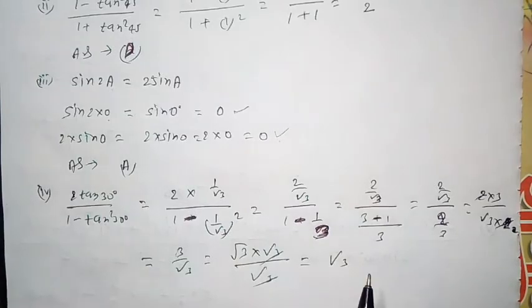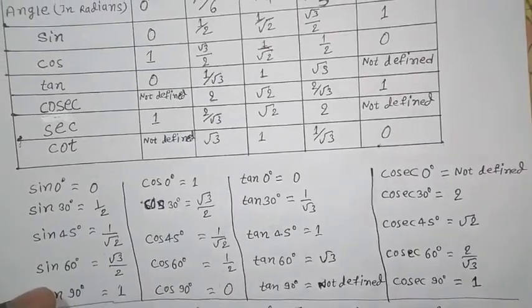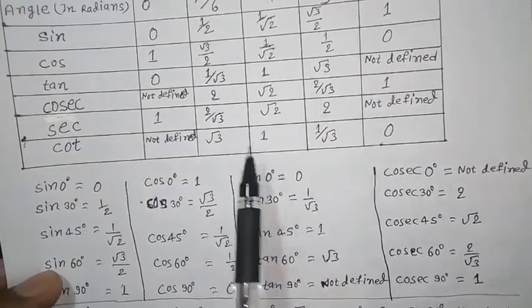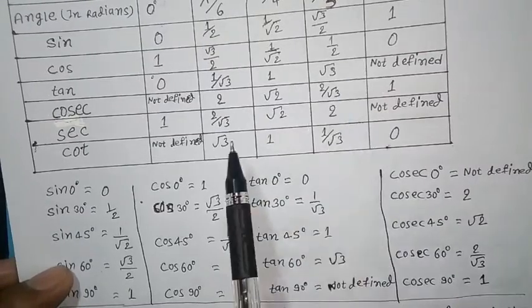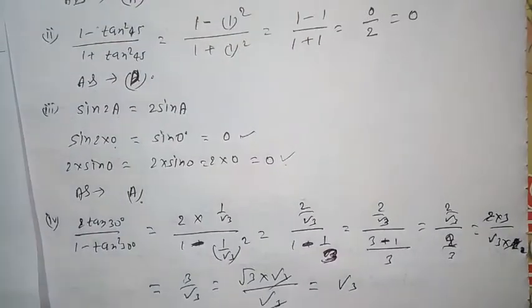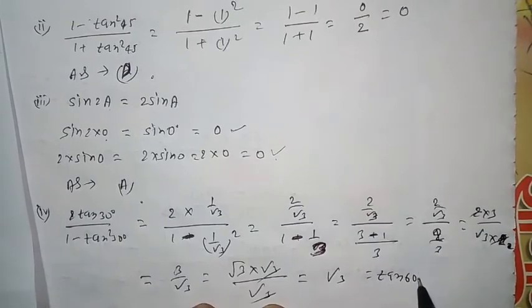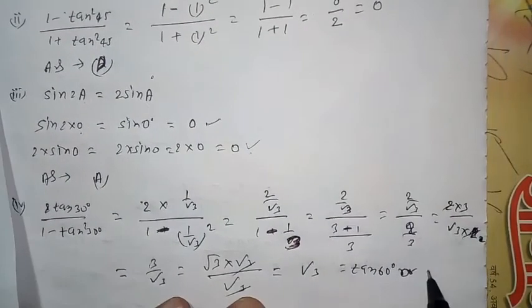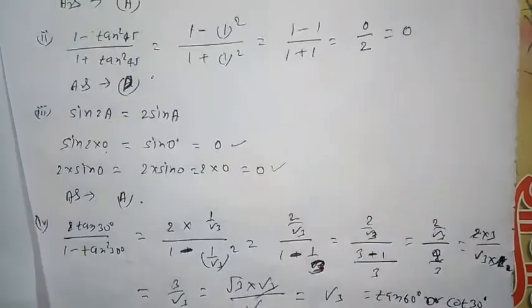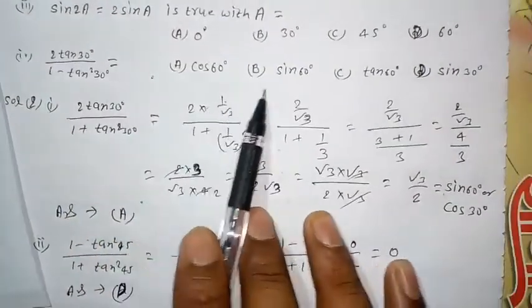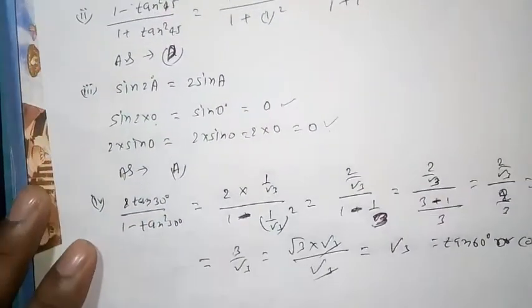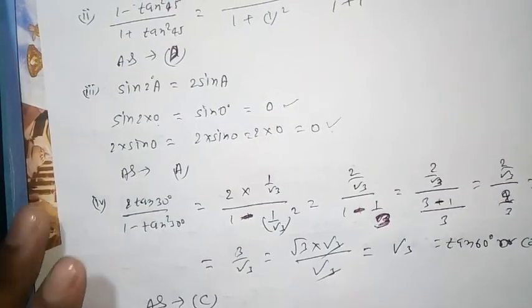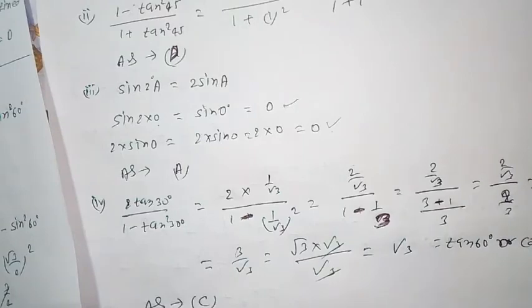Now see this table for the value of root 3. Tan 60 degree is root 3 and also cot 30 degree is equal to tan 60 degree. Here tan 60 degree is given, so the answer is C.